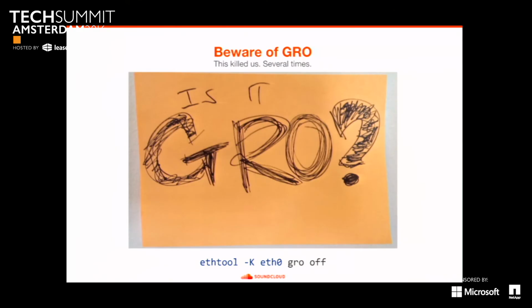Another big word of warning, do turn off generic receive offload. The generic receive offload is a mechanism that the kernel uses together with the network card, especially if you have an expensive Intel NIC, to reduce the load on the packet processing by coalescing packets in the network card and then sending them to the application as one big packet.